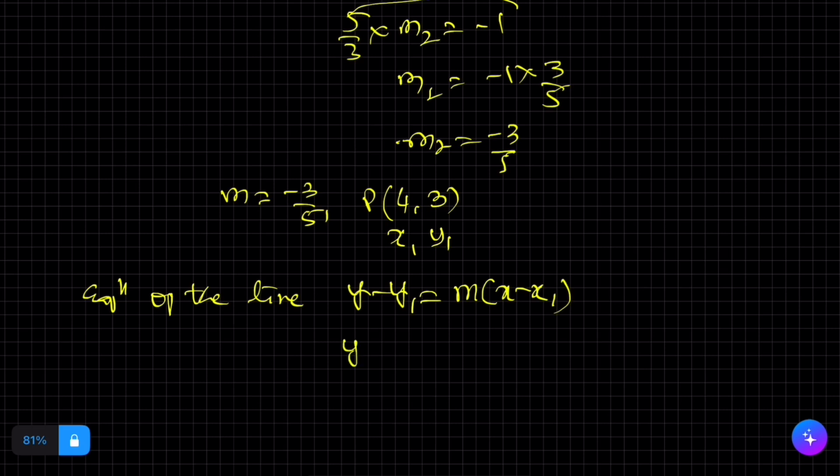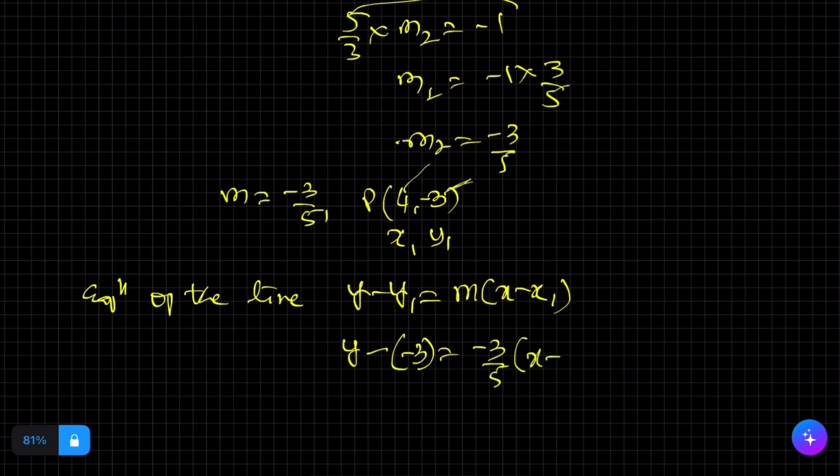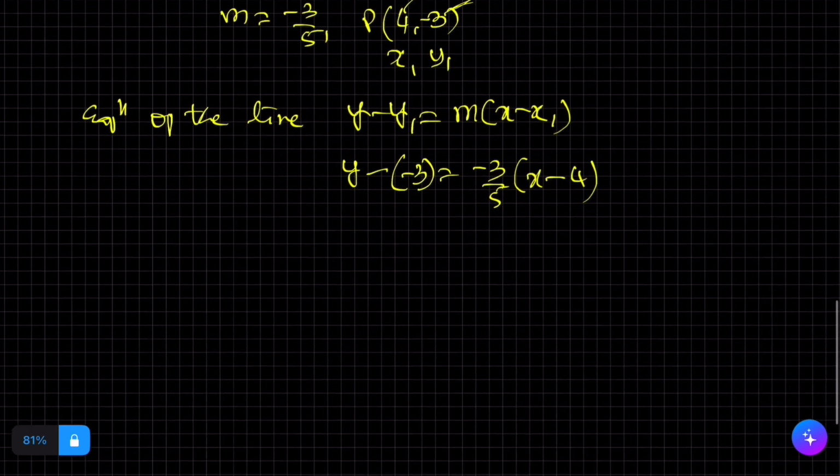So y minus the value of y1 is -3. So y minus of -3 equal to m, which is -3 by 5, into x minus the value of x1, which is 4. The 5 shifted this side.